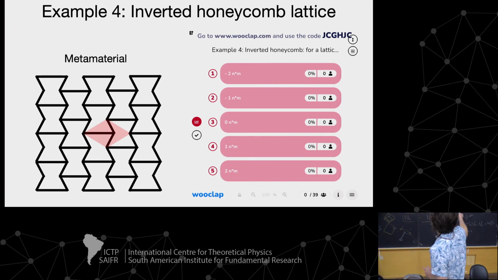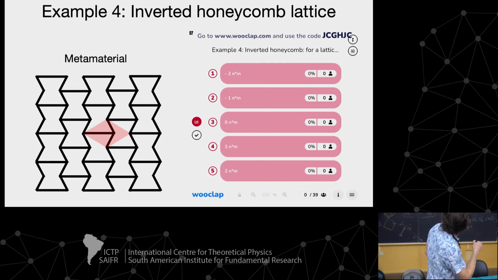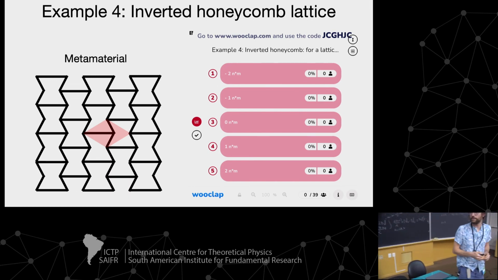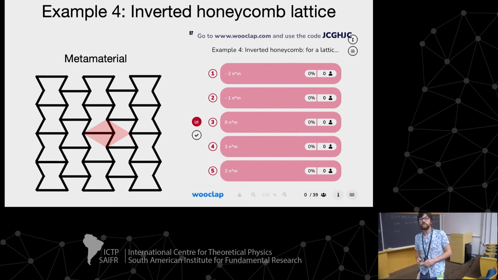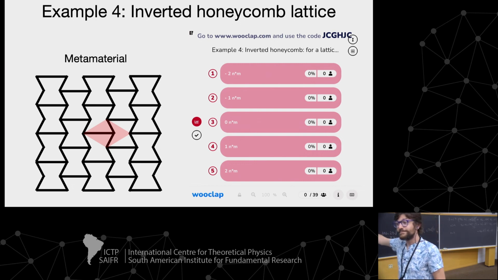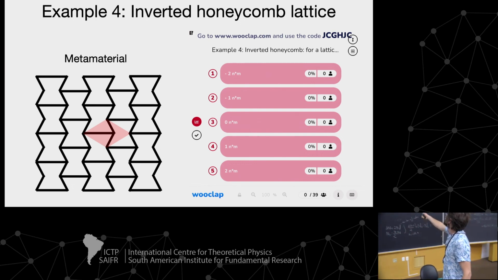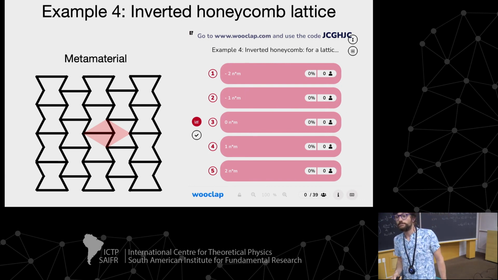You can ask yourself, how does the number of floppy modes minus the number of self-stress scale with the system size n by n? You can do that by just brute counting, and you can determine which solution is right by doing that.